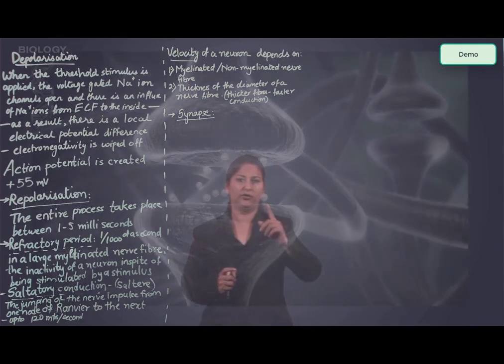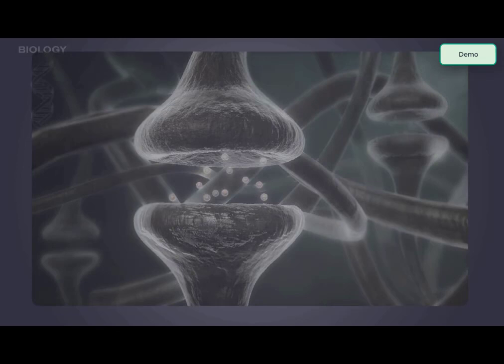Now look at the diagram provided here. What you can see here is actually the end of an axon, which appears like a bulbous structure. So we will see in detail what exactly makes up a synapse. Let's define synapse.